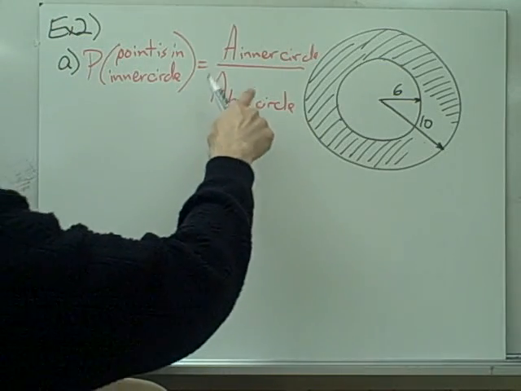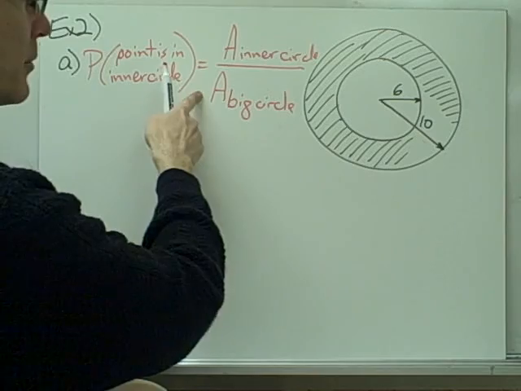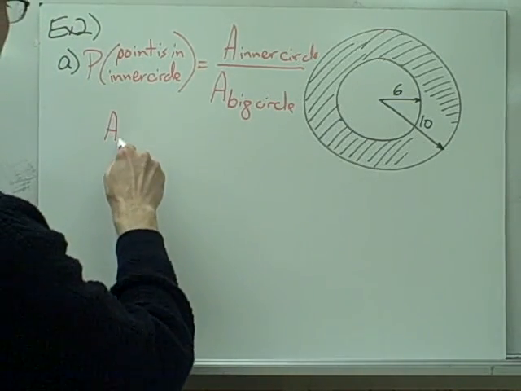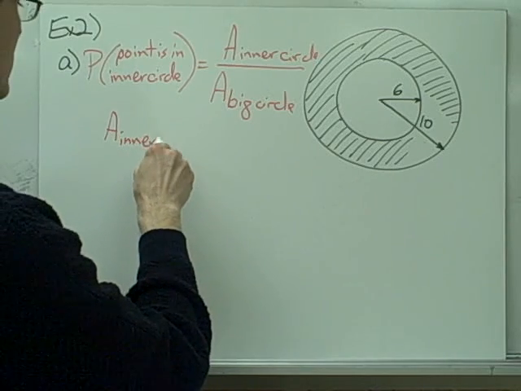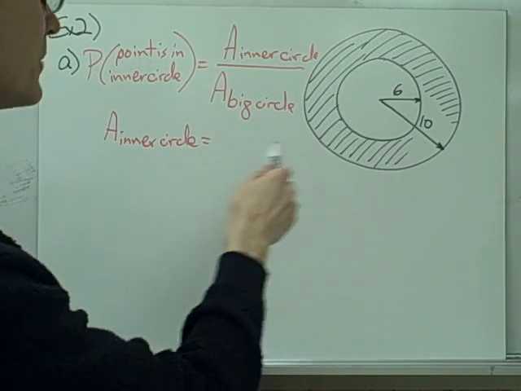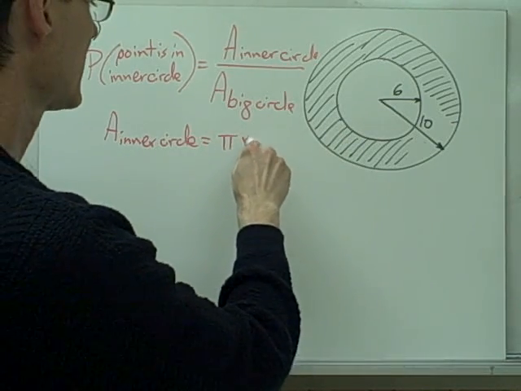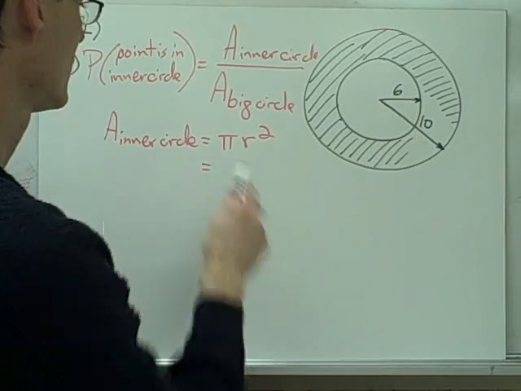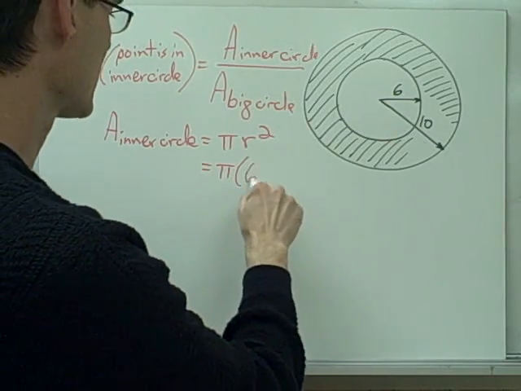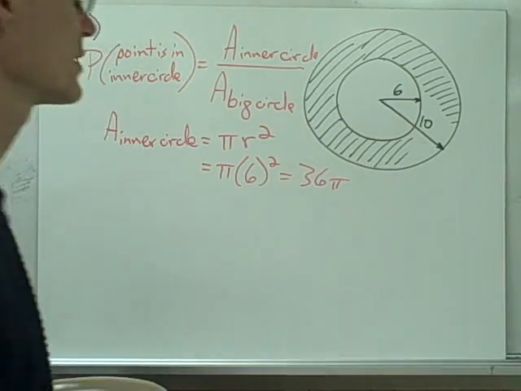So I can calculate this probability. All I need to do is calculate the area of the inner circle and the area of the big circle and divide them, and I'll have my probability. So, okay, area of the inner circle. Well, it's a circle, so I'm going to calculate the area using the formula pi times the radius squared. The radius of the inner circle is 6, so I've got pi times 6 squared, which is 36 pi.